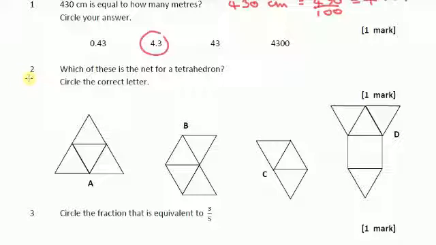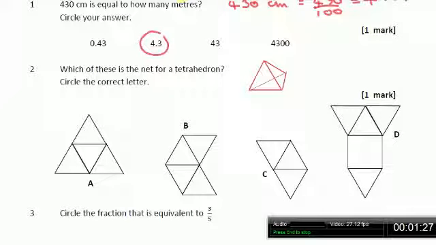Question 2. Which of these is the net for a tetrahedron? Circle the correct letter. So that's a tetrahedron, and you can see that it is made up of 4 triangle faces.